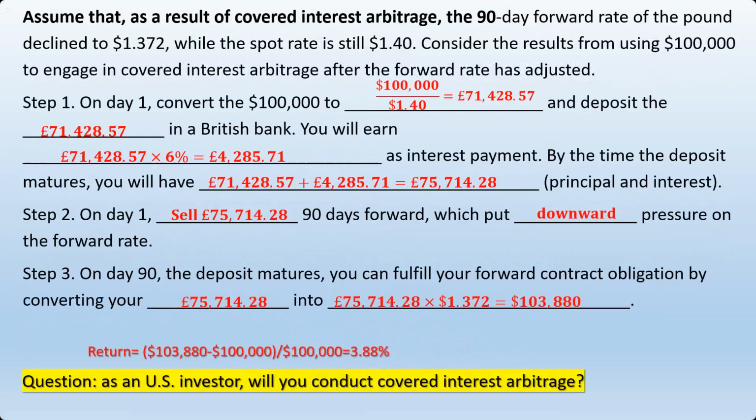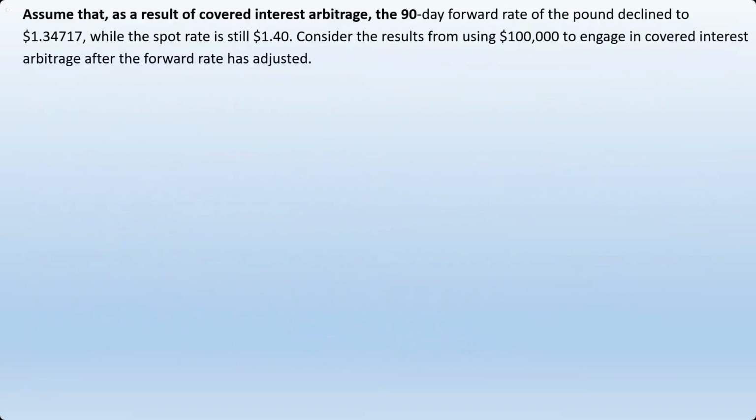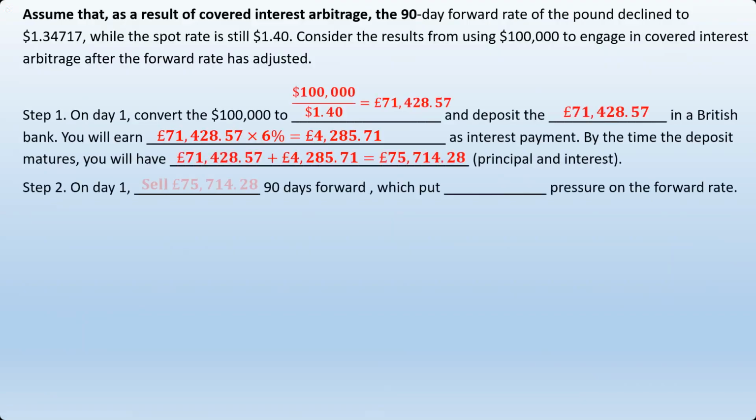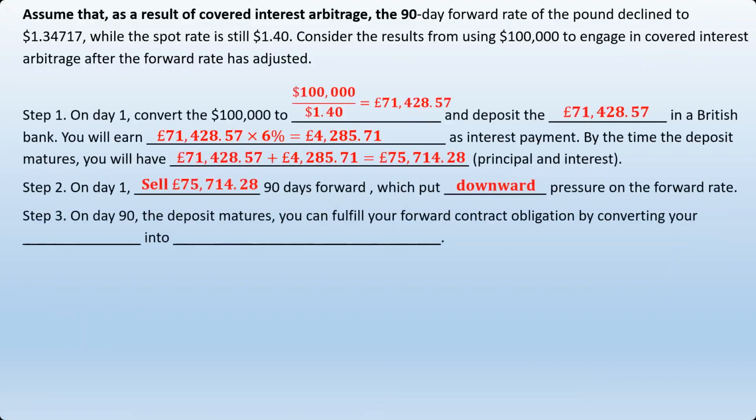So next, the forward rate of British pound declines to 1.34717. The first two steps are the same. Can you find out how much US dollar you're gonna have with the new forward rate?